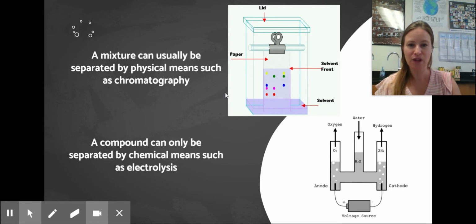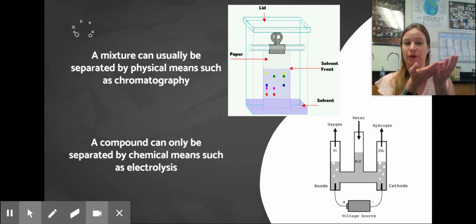Okay. Another way would be if you had salt water and you wanted to separate the salt from the water, you could boil the water away, and any kind of change of state, boiling, melting, sublimation, condensation, freezing, all of those are physical changes because they don't change what the element or the compound is.